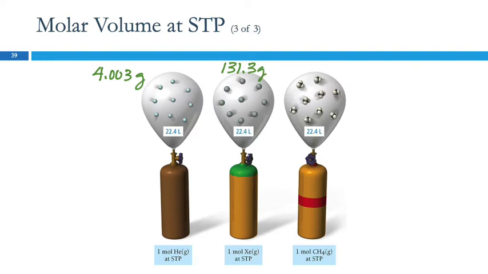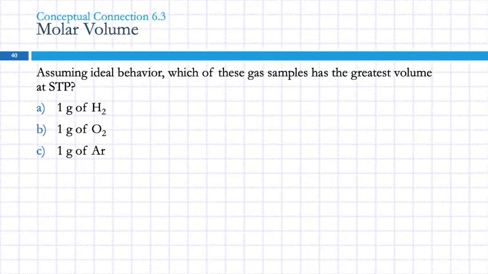And methane would be 12 plus 4, 16.04, I think. They have the same number of particles, but these are like bowling balls compared to these, which are more like ping pong balls, right? Same number, they take up the same volume. It's a weird thing about gases.